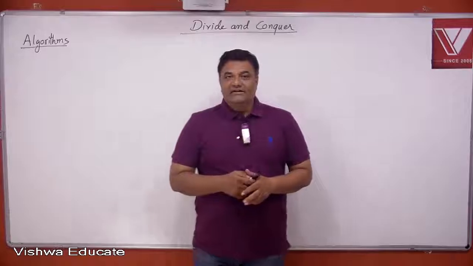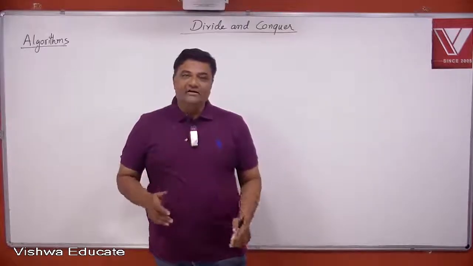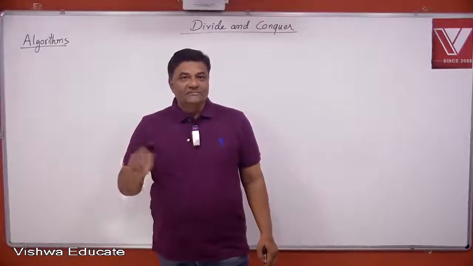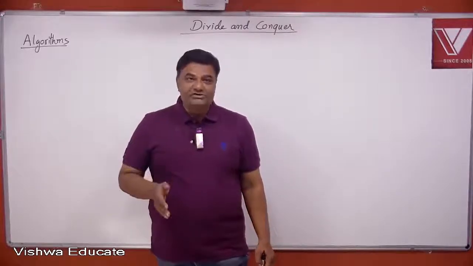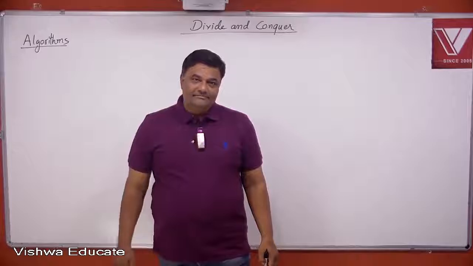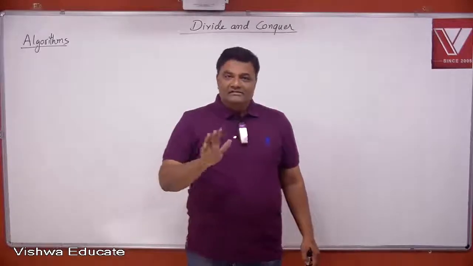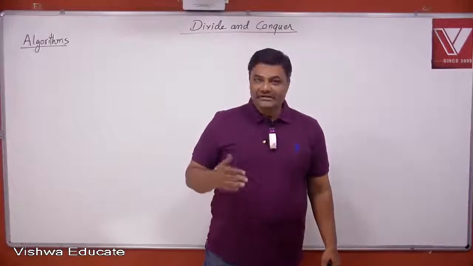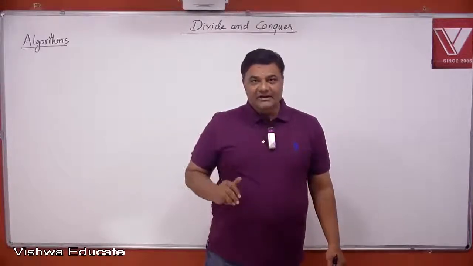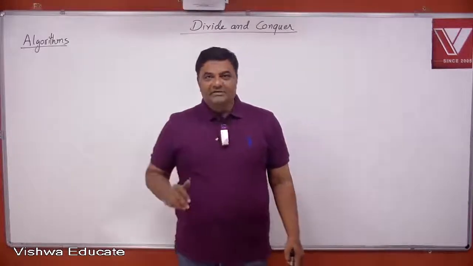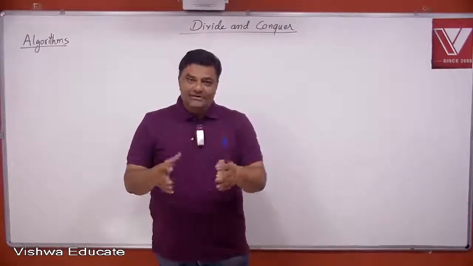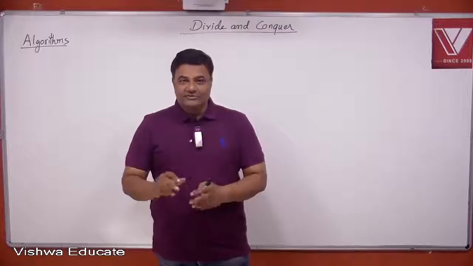Topic is divide and conquer. Divide and conquer is a strategy, an approach for solving a problem. Just like divide and conquer, there are other approaches also: greedy method, dynamic programming, branch and bound, backtracking, and they are suitable for different categories of problem.